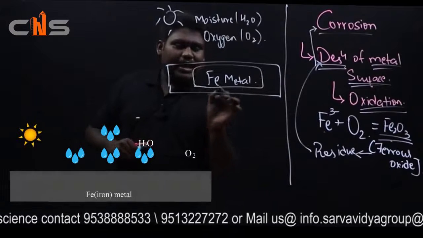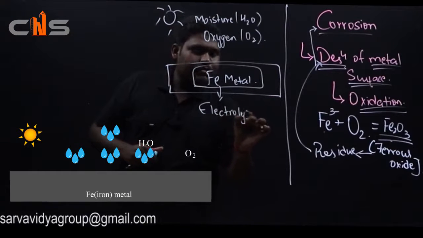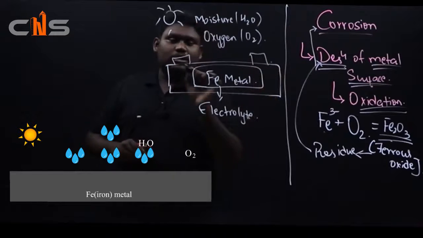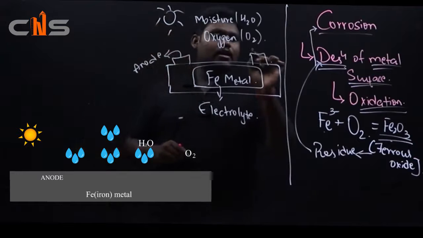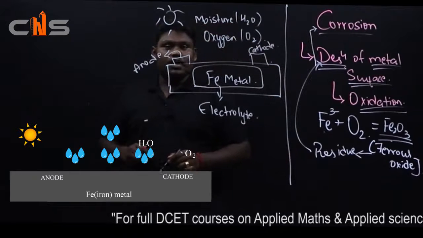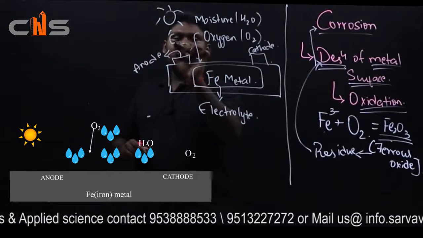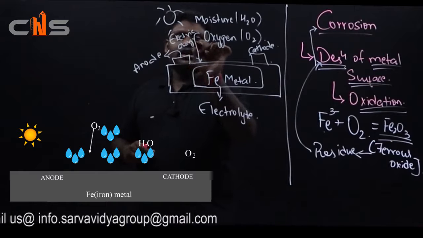This material acts as an electrolyte, and on the surface of this material both anode and cathode are formed, and the oxygen that is given from the atmosphere acts as the electric charge.